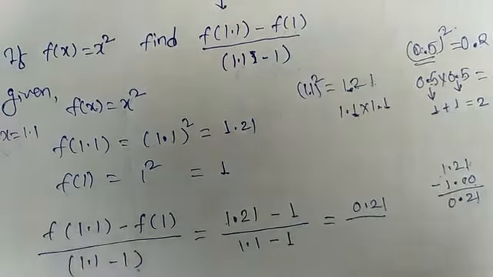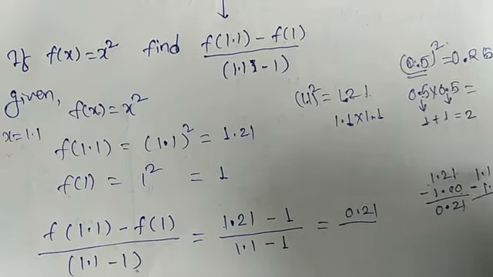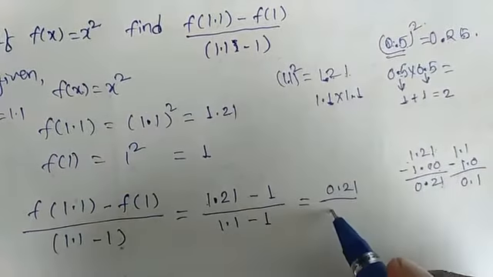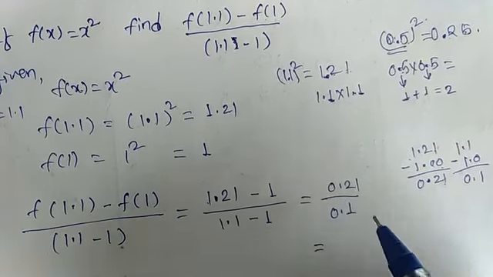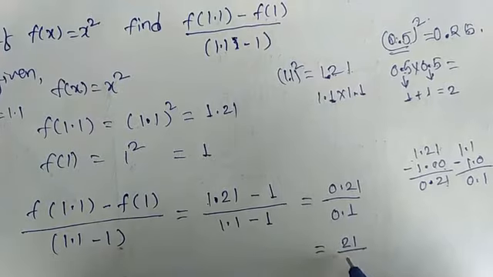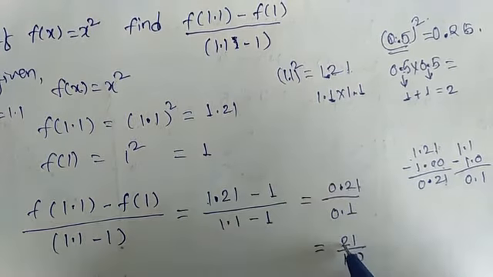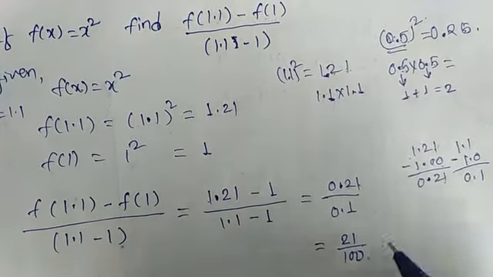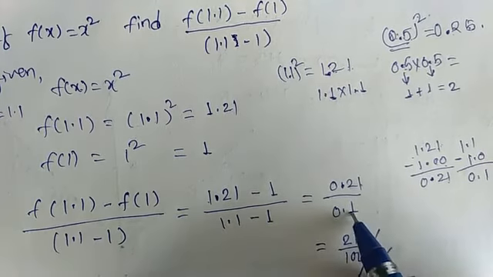Similarly, 1.1 minus 1 is 1.0, so here it will be 0.1, so divided by 0.1. Now the calculation: 0.21 can be written as 21 upon 100, since after the point there are 2 digits. For the denominator, 0.1 means 1 upon 10, since after the point there is only 1 digit.